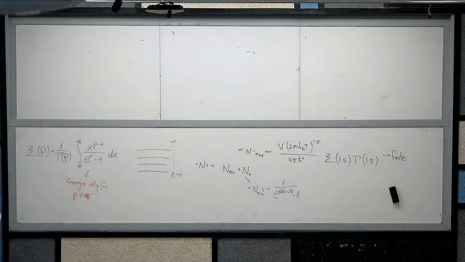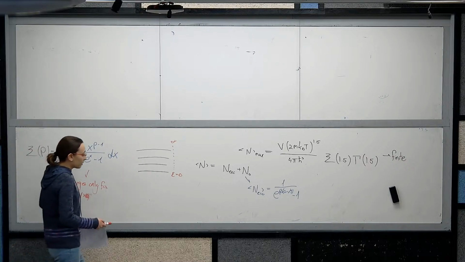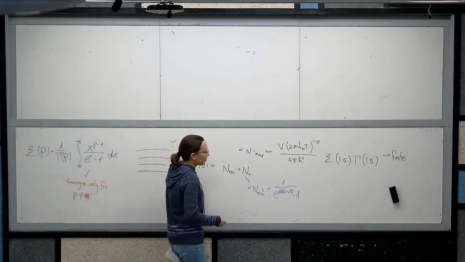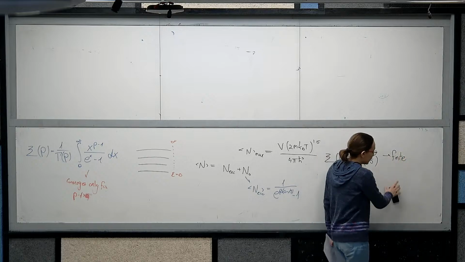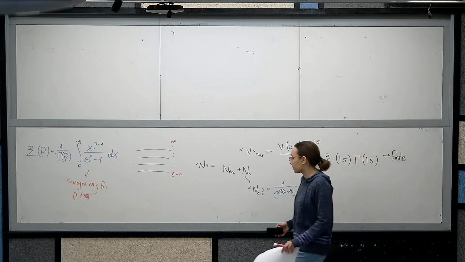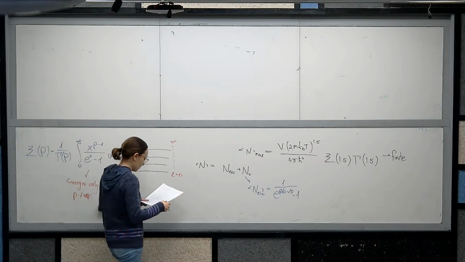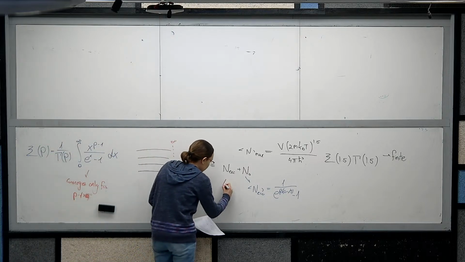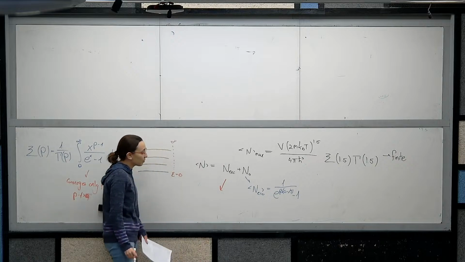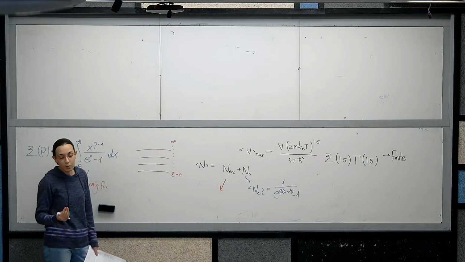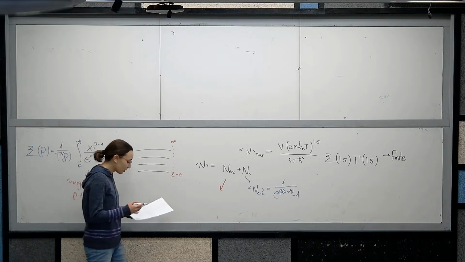But why can we do this correction? Why does it work, or why didn't it work before? When we're summing up this number of particles over all the possible levels in the system, we do it with an integral.